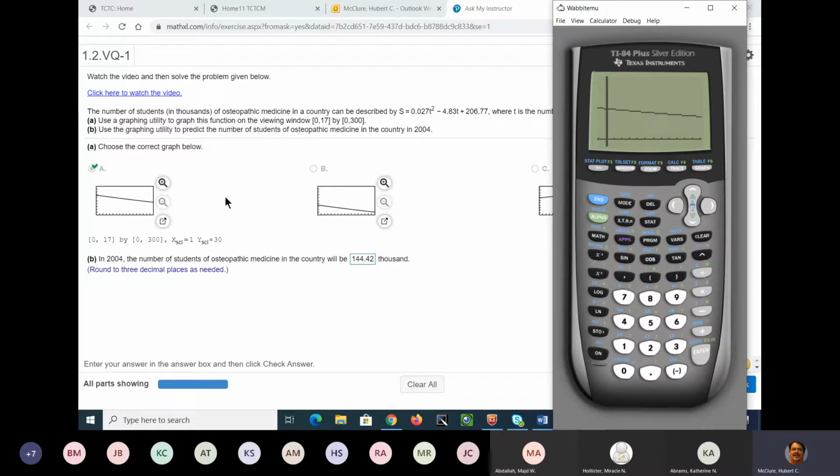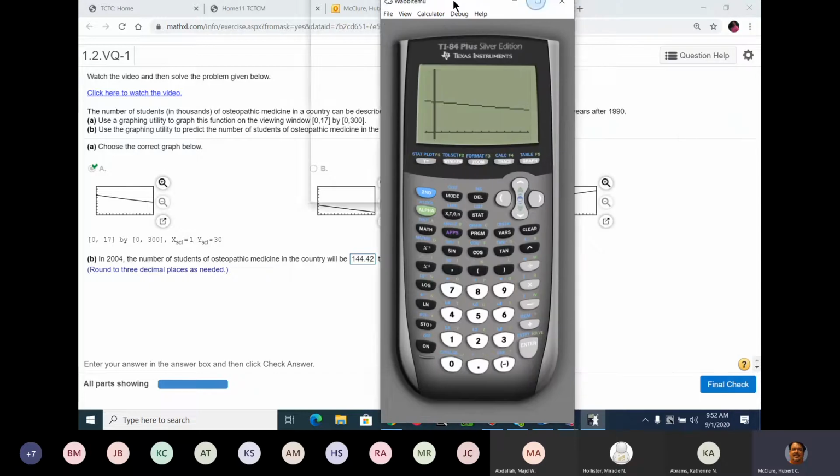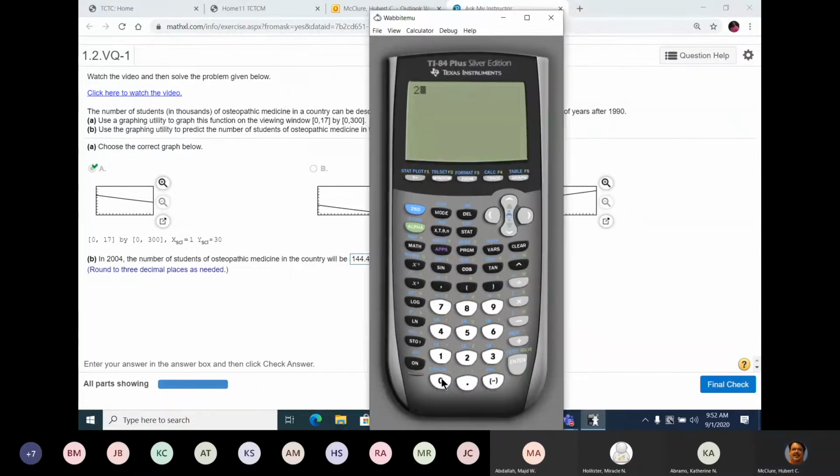As you can tell, you got that part right. In 2004, let's take 2004 minus 1990.